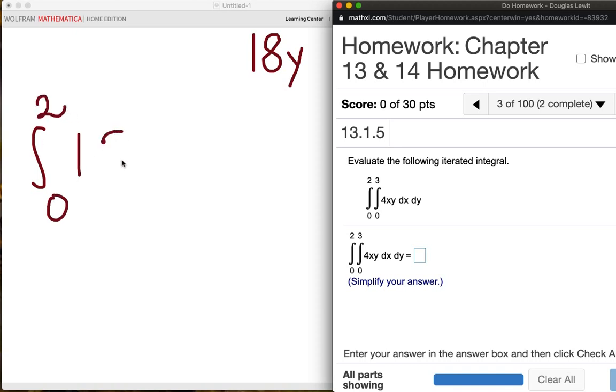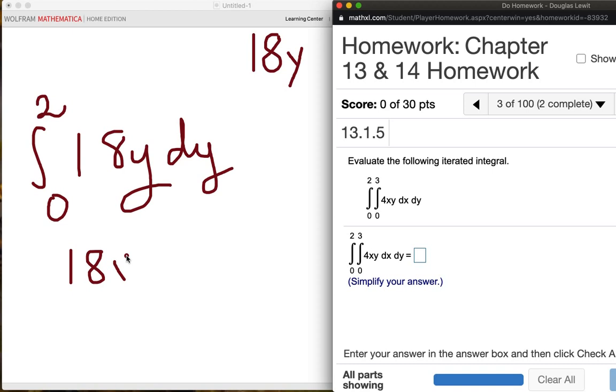I have 18y, and I'm integrating with respect to dy. Again, very easy. That's simply going to be 18 y squared over 2, and that simplifies to 9y squared.